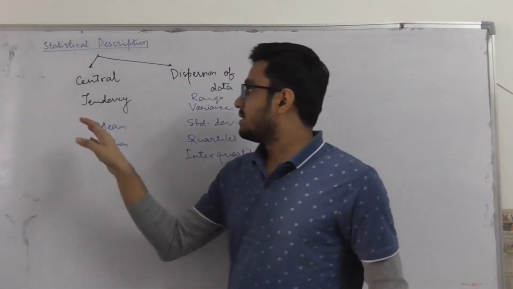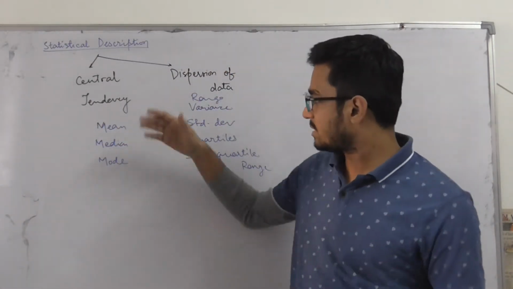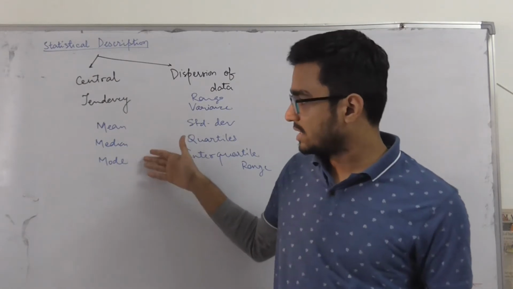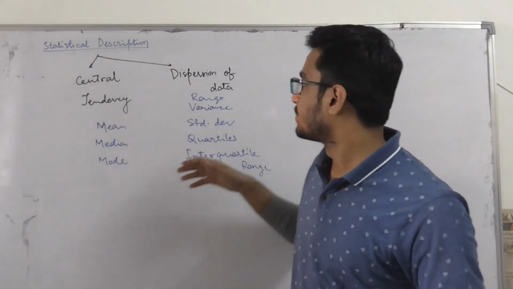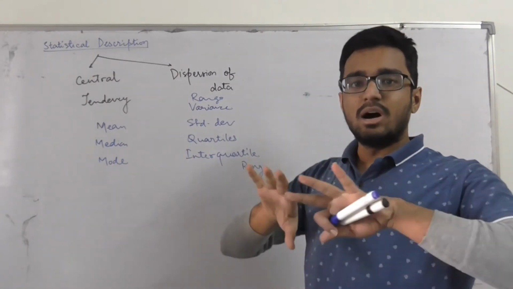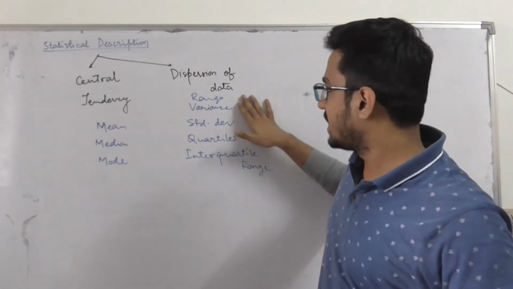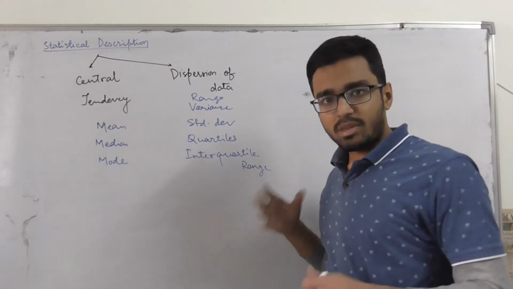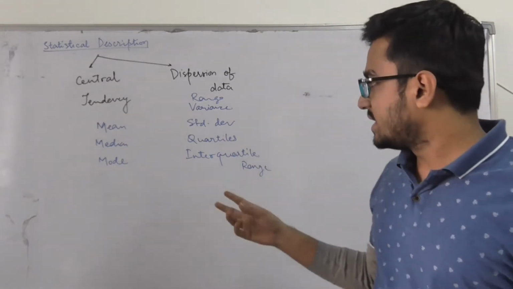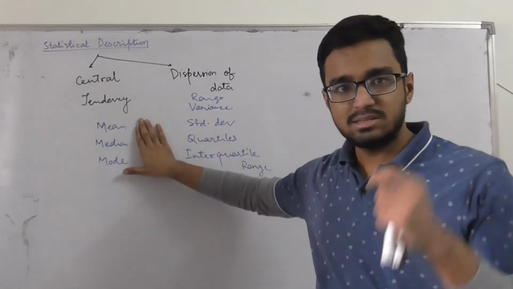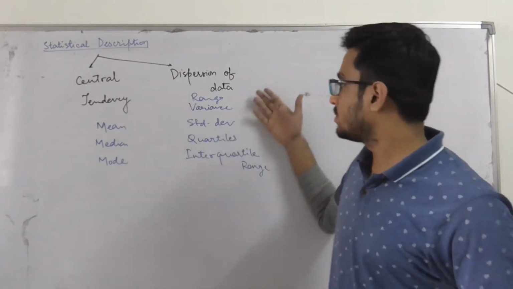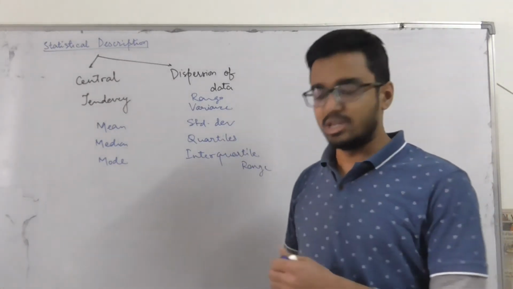In the central tendencies, we are concerned with the average value, the middle value, and the most occurring value. And in the dispersion, we see how the data is dispersed, what the range of data is, the variance of data, quartiles and interquartile range. Let us start our discussion on these 3 things in this video, and then continue to the other things in the next video.